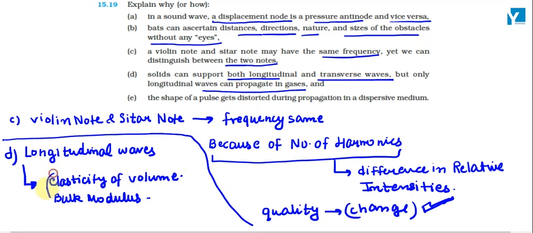And all the three states, solid, liquid, and gases, possess the elasticity of volume or the bulk modulus. So longitudinal waves can propagate in every medium.